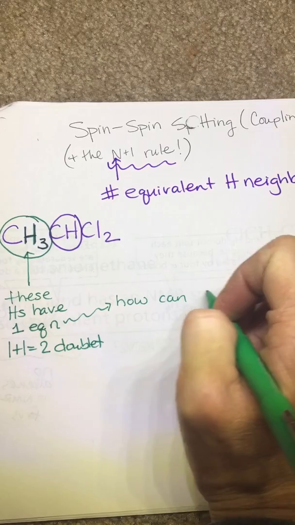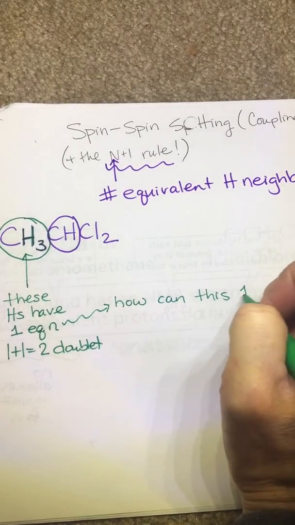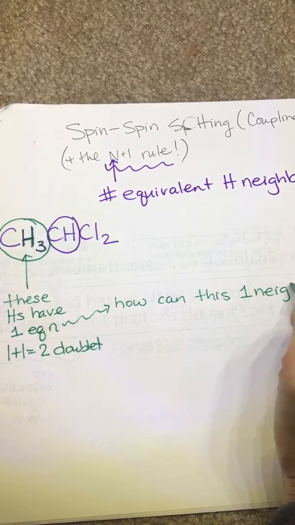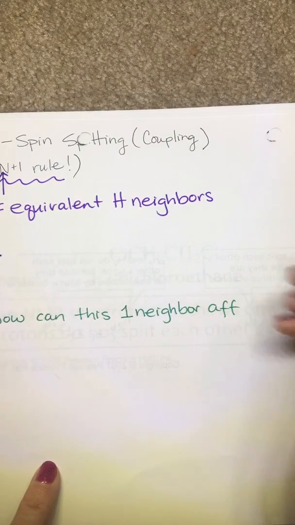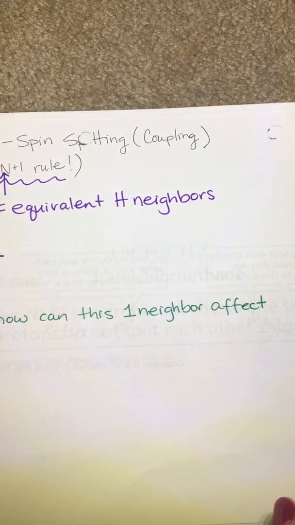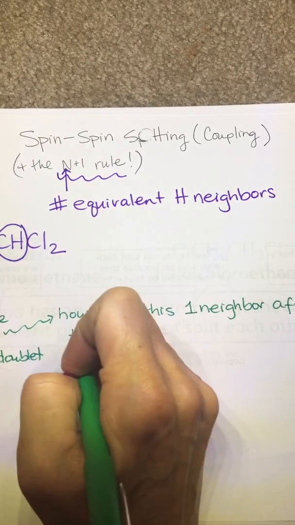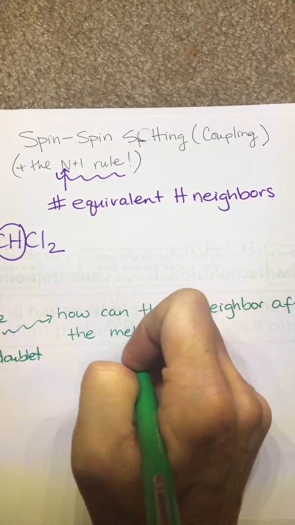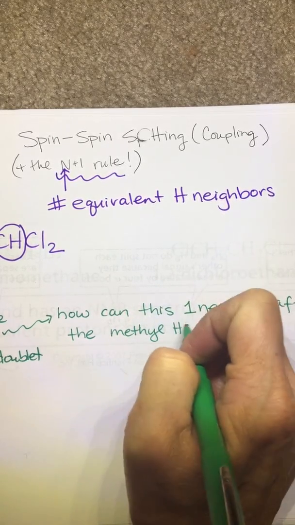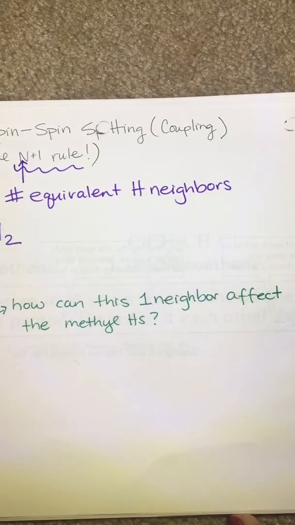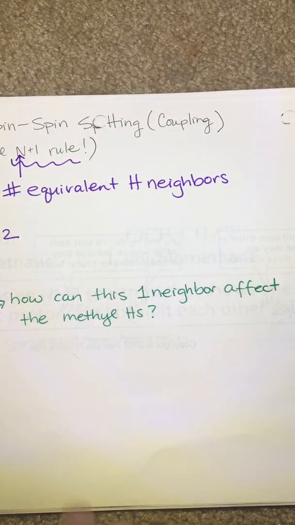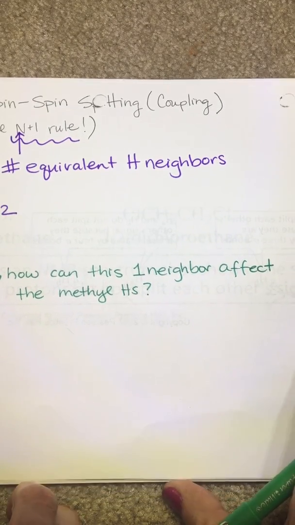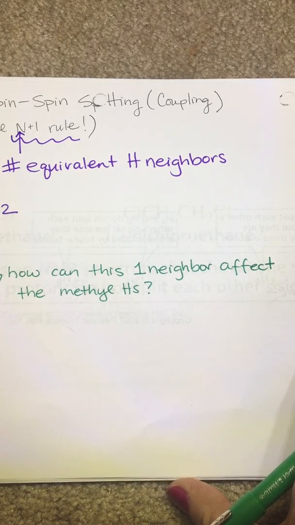How can this one neighbor affect the methyl hydrogens? Remember, our hydrogens are spinning nuclei that behave as tiny little magnets, and we'd already talked about the spin state. So how can this one neighbor affect those three hydrogens?